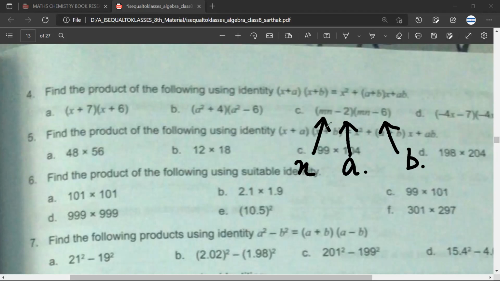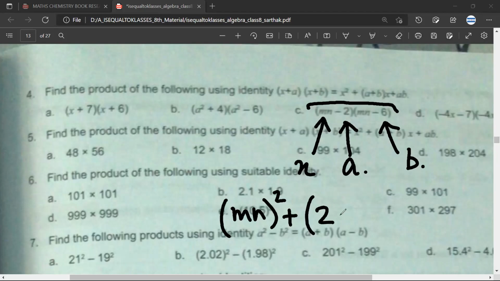So first, before you start the question, you should be very clear what is my X, what is my A, what is my B. So when I'll be doing this question, what I'll be doing is X square, which is mn square, plus A plus B. Now my A is 2, my B is 6, my X is mn, plus A into B, 2 into 6.